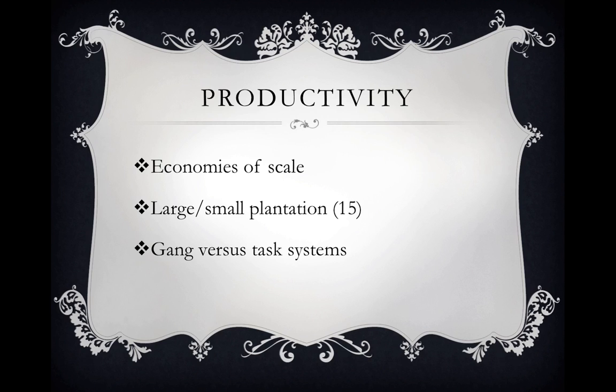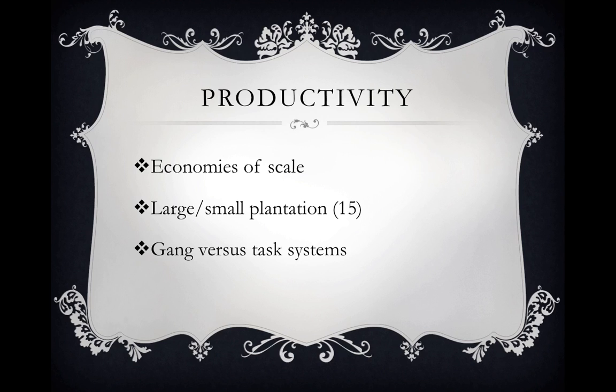All right, but the shortcoming is when you compare it to the gang system, that it's less productive than the gang system. The gang system is where you get groups of individuals to do specific work. So for example, if you had to pick cotton, you would get about 50 people out into a field, and their responsibility is to pick cotton. The thing with the gang system is that it gets very much driven by the individual who has the highest level of productivity.